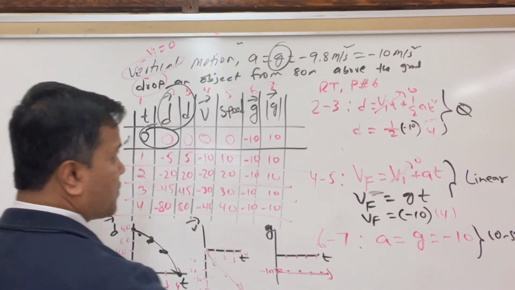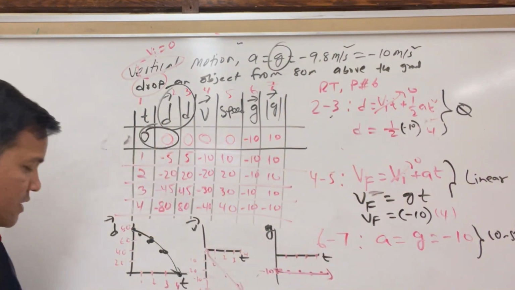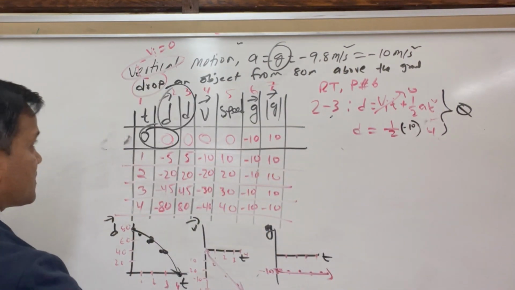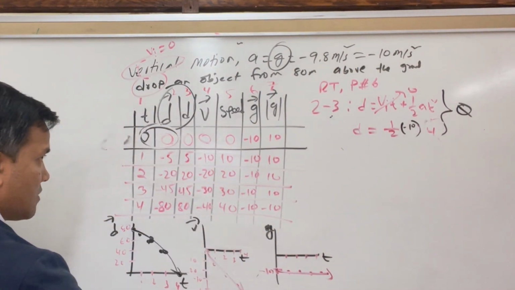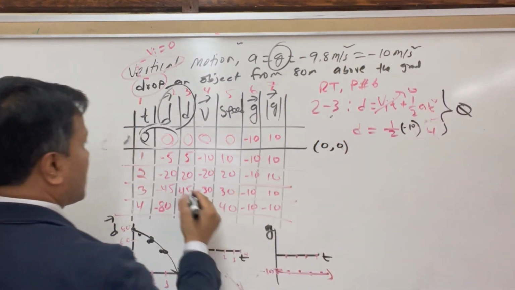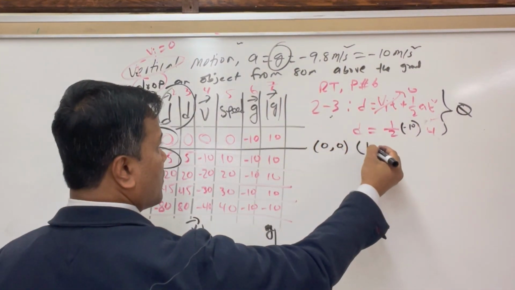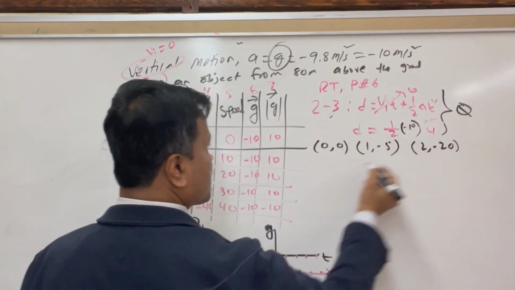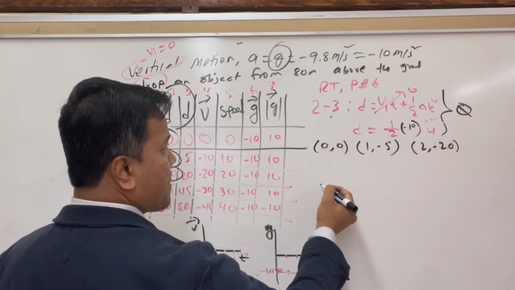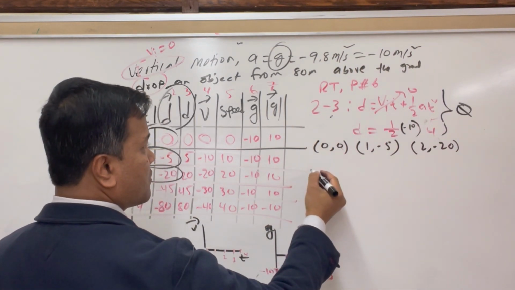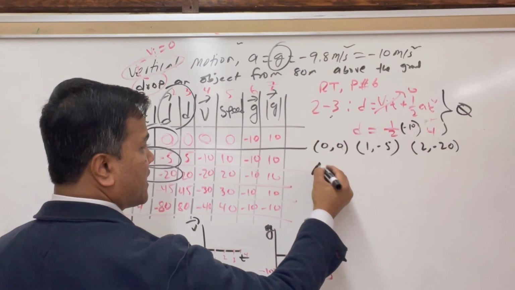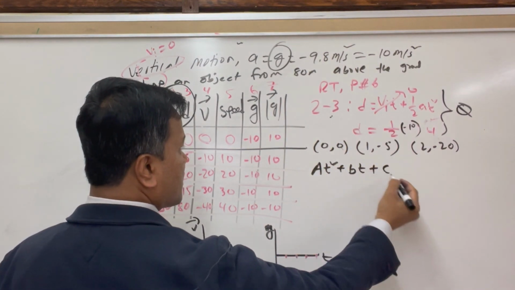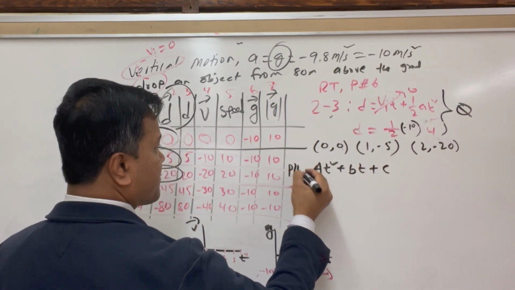Now I'm going to prove that this is actually a quadratic equation. How are we going to prove that? Let's consider 3 points: 0, 0, and then 1, -5, and of course 2, -20. We're going to use the quadratic equation: a t squared plus b t plus c is equal to p of t.